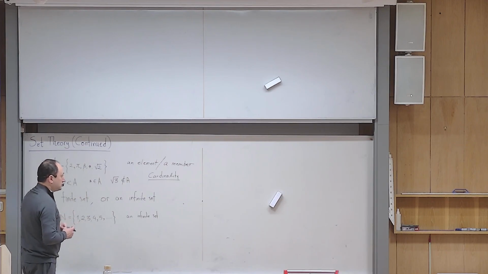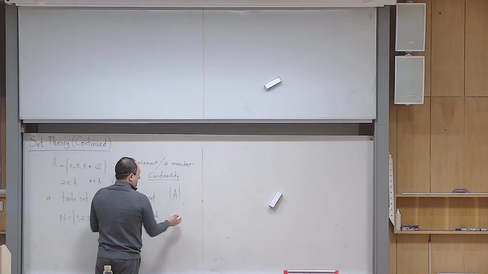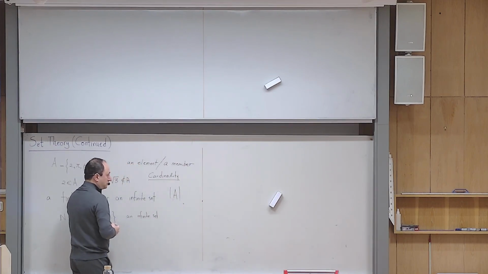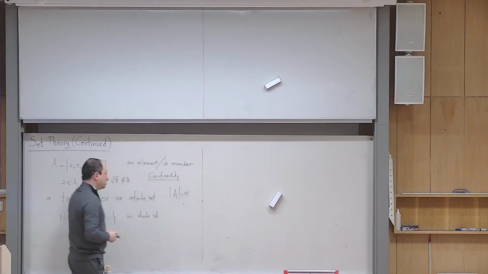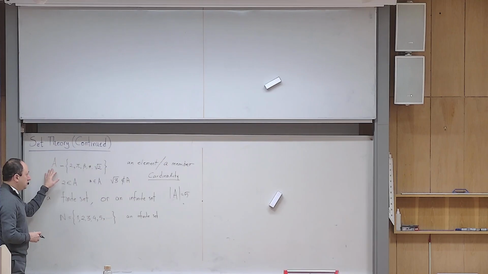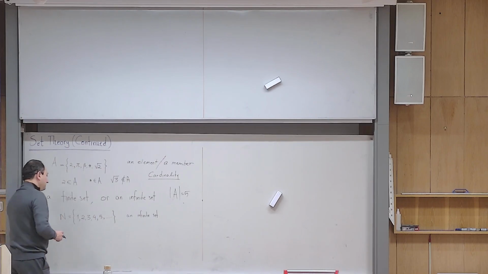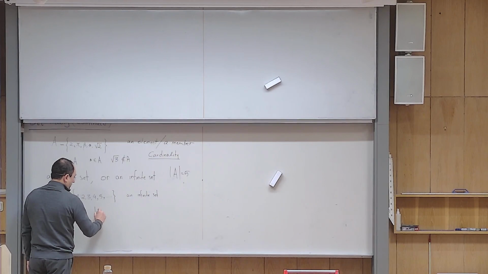And the symbol that you use for it is this. You write something very similar to the absolute value sign. So you write this equals 5. So this means the cardinality of A is equal to 5. It means the number of elements in A is 5. Of course, here, it's not a good way of writing, but sometimes people write the cardinality of N is infinity.